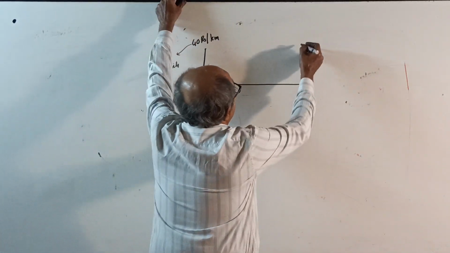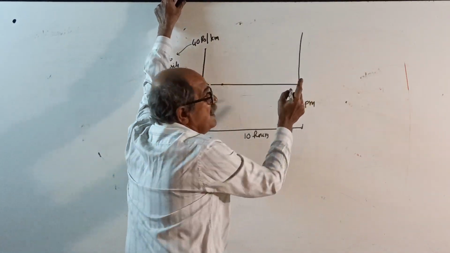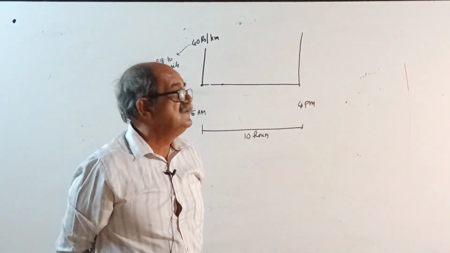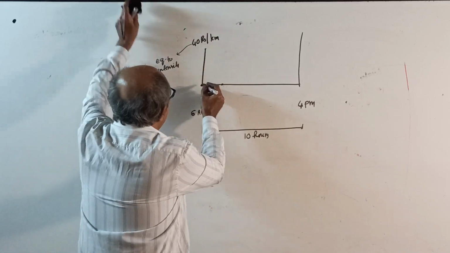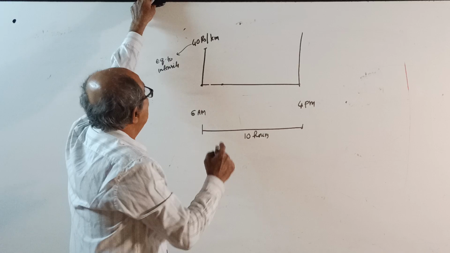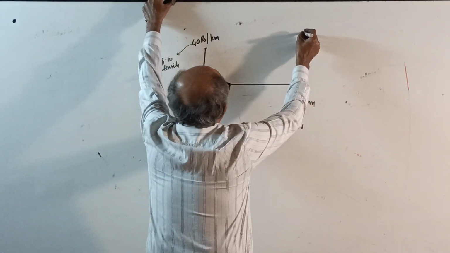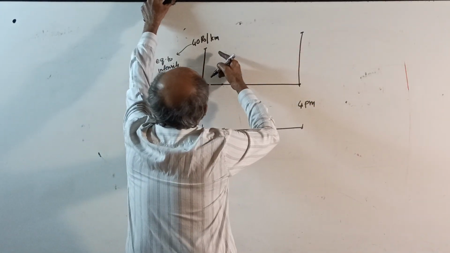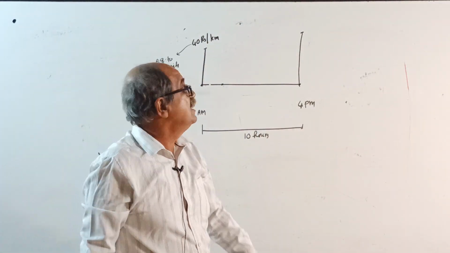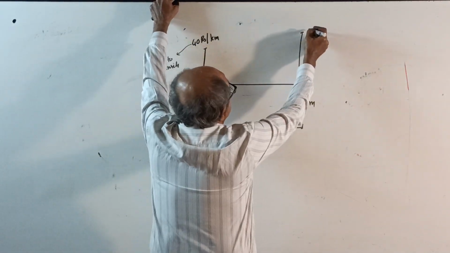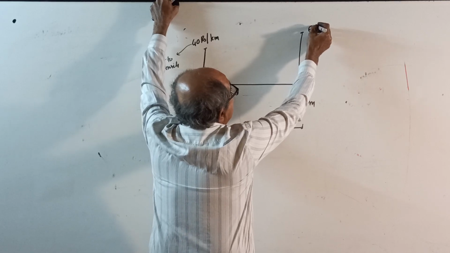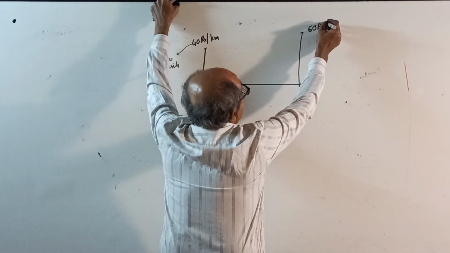And at 4 p.m. you stopped your journey. The taxi driver already told you, sir, our cost linearly increases. At 6 a.m. our rate is 40 rupees per kilometer, whereas at 4 p.m. it is 60 rupees per kilometer.